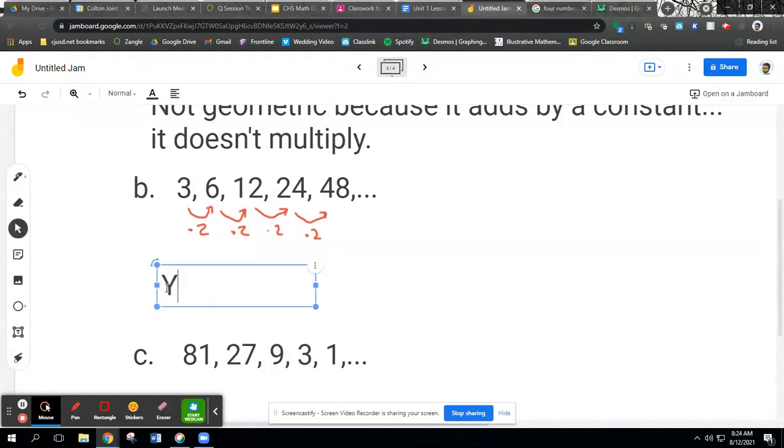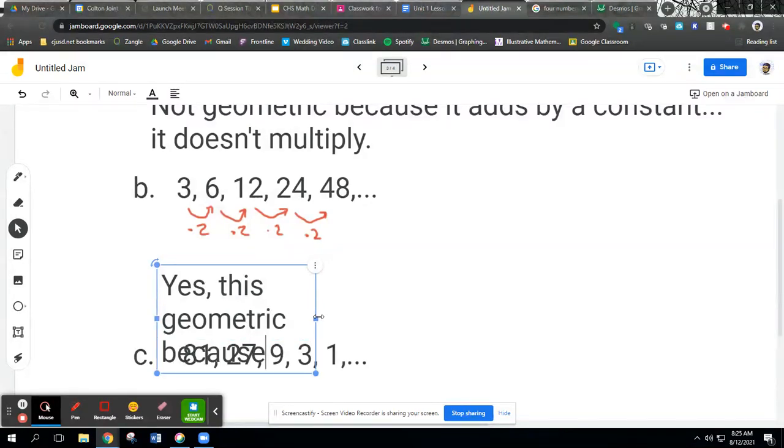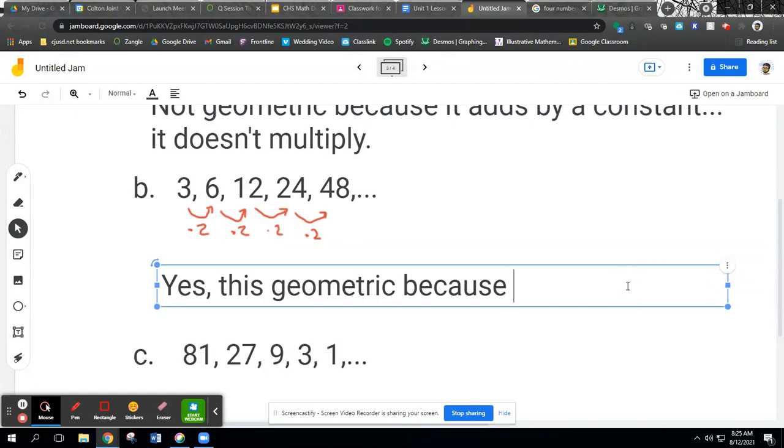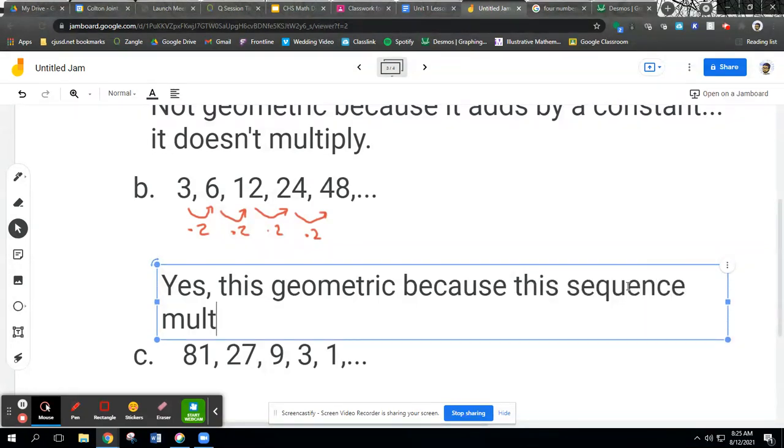So we can say, yes, it's geometric, because this sequence multiplies by a constant you get from one term to the next.